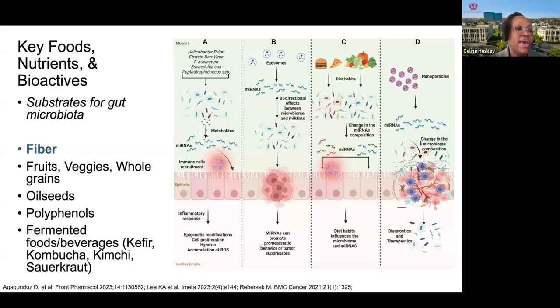And so they will break down those substances that are not digested in the upper GI tract to create various metabolites, as mentioned. Fermented foods may also serve as a direct source of microbes to the gut. However, we're not sure how many of those probiotic substances or fermented live microbes reach the large intestines.